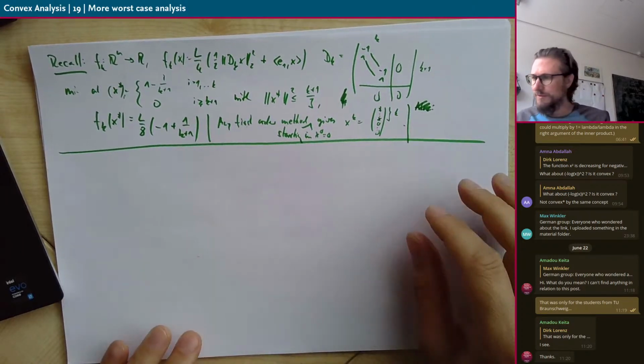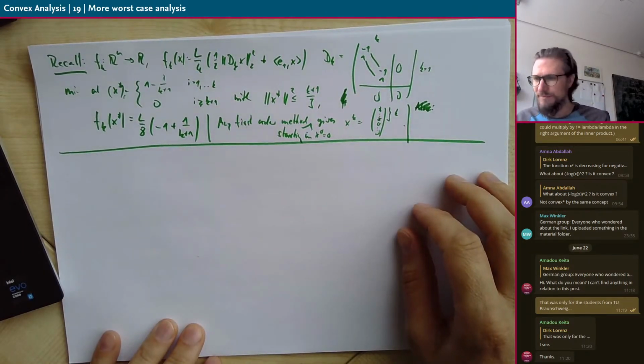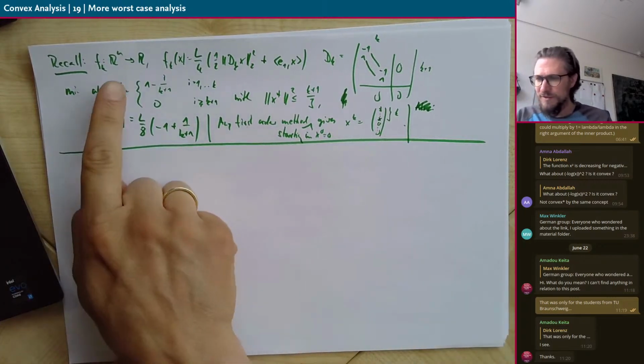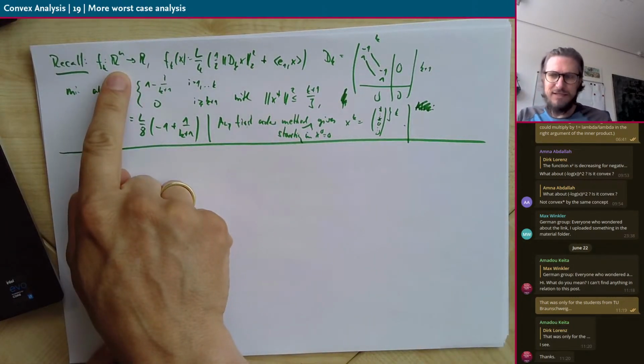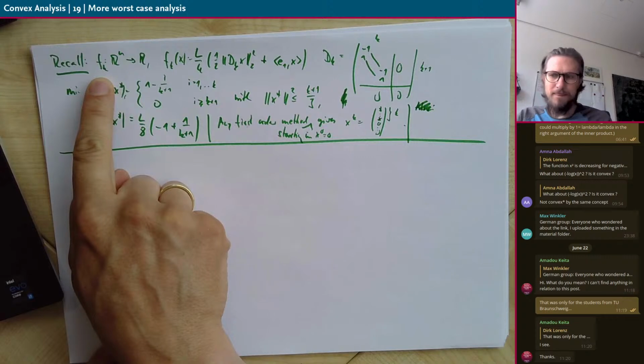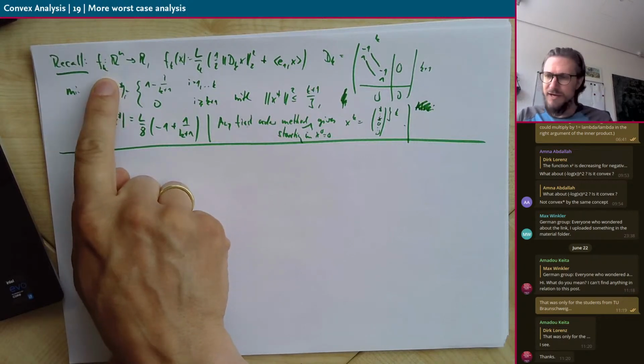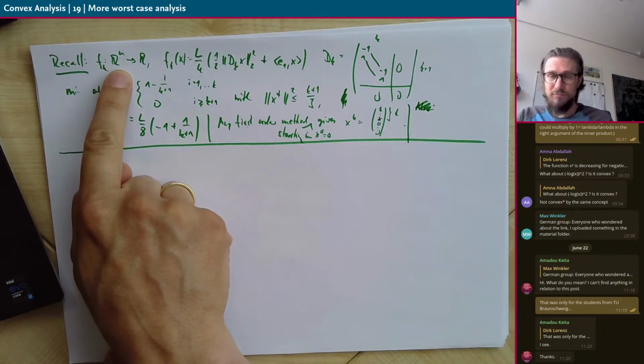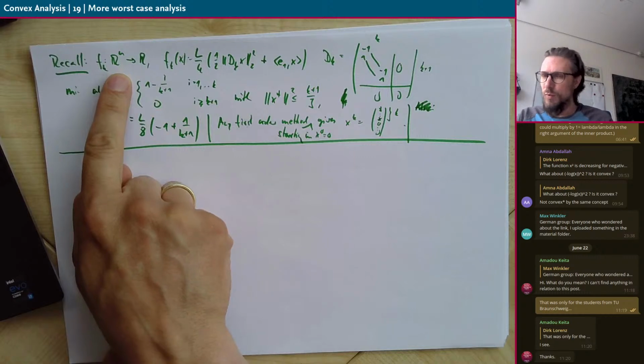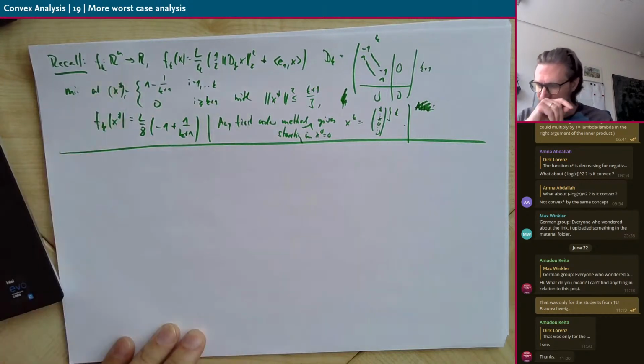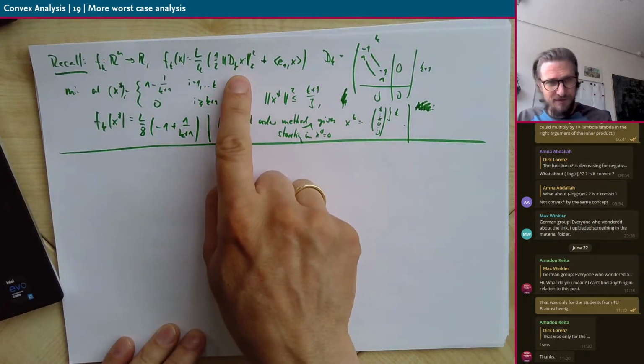So here I recall what we need for the lecture today. The annoying function is on R^d. We actually need it indexed by a k. So for every k smaller than n, or smaller than n minus 1, we have a convex function, and it looks like this.